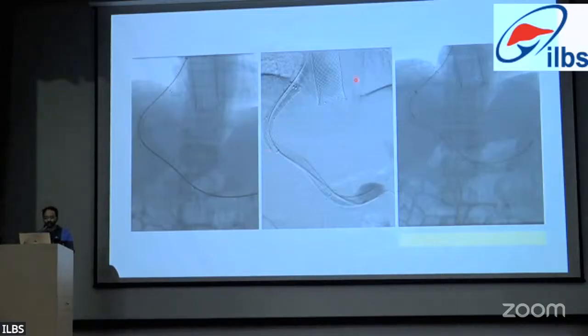So therefore, a 10 x 80 and a 10 x 120 covered stent were positioned from the hepatic vein up to the hepatic vein IVC junction, and the next is the main portal vein, and up to here. And further, the splenic vein, which was actually filling, was covered with a bare metal stent.